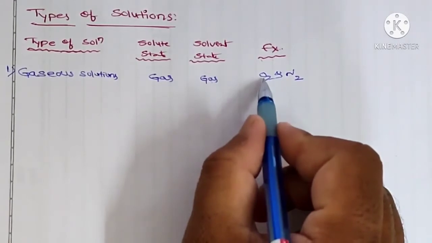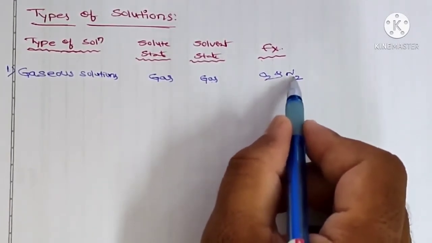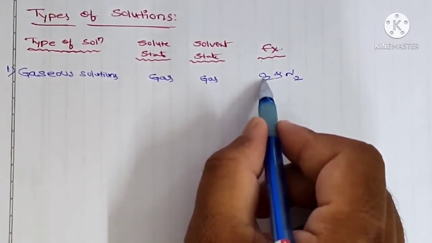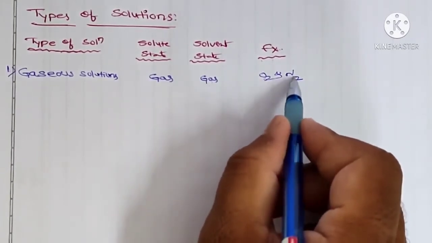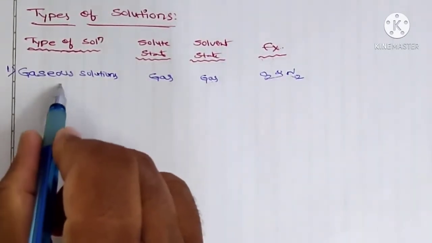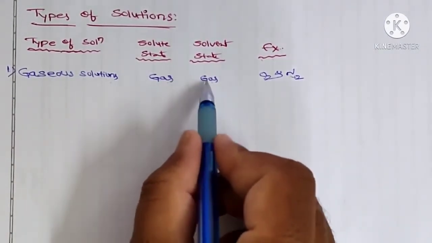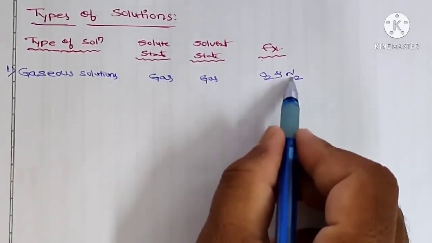For example, the O2 is in less amount and N2 is in large amount, so the O2 is present in N2. Both are gases, gas in gas. So it is an example for gaseous solutions: gas in gas, O2 gas in N2 gas.